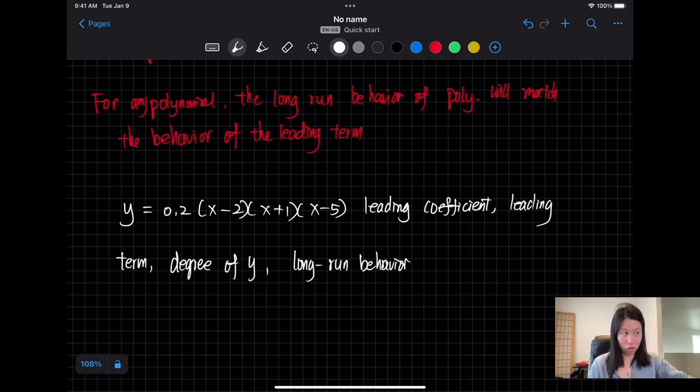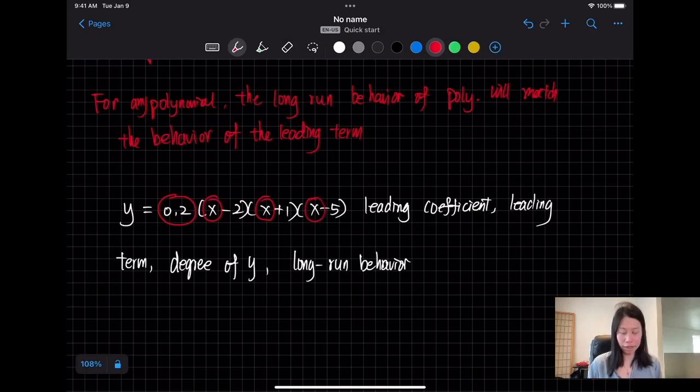Well, you might need to use your algebra skills. So the leading term for this would be what? If you think about how you expand this function, that means you need to do the FOIL with all of these parentheses, right? But if you think about how FOIL works, you always multiply with the x, right?